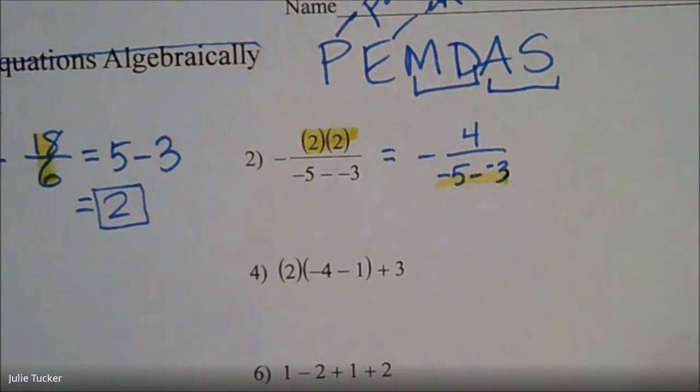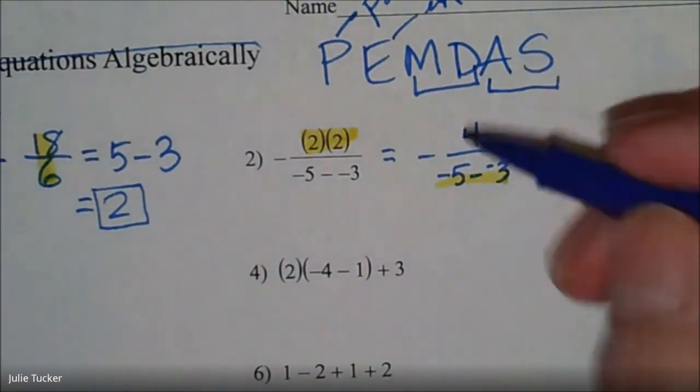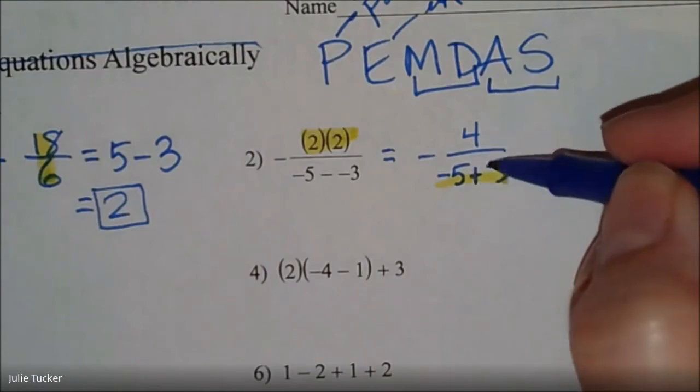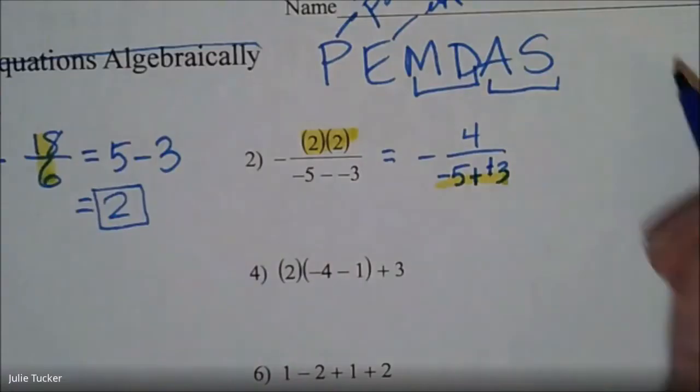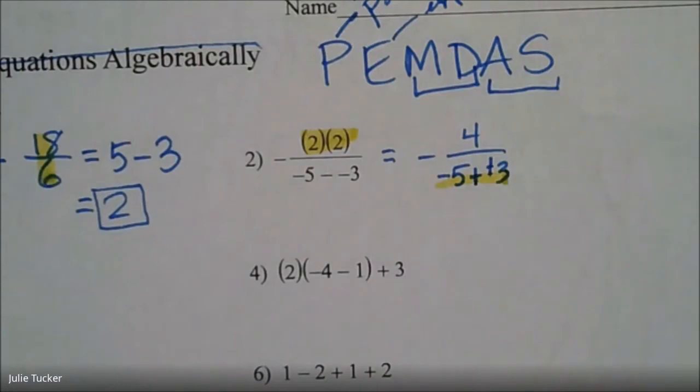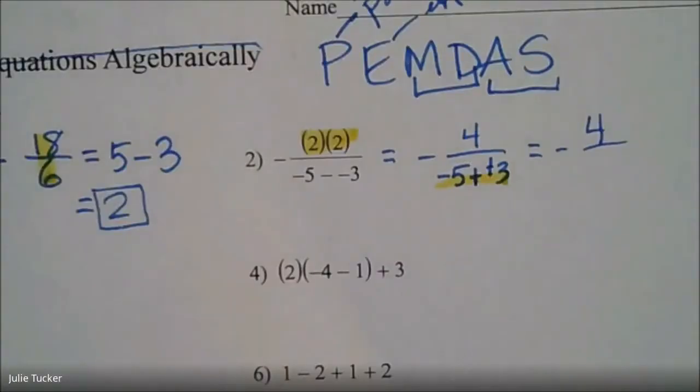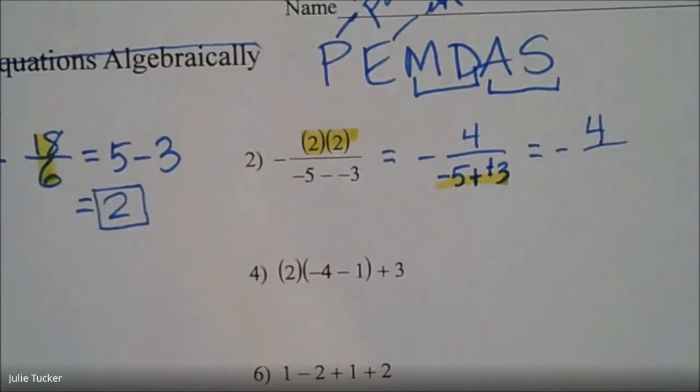So if you subtract a negative, isn't that like adding? So what is -5 plus 3? Did you say 2?